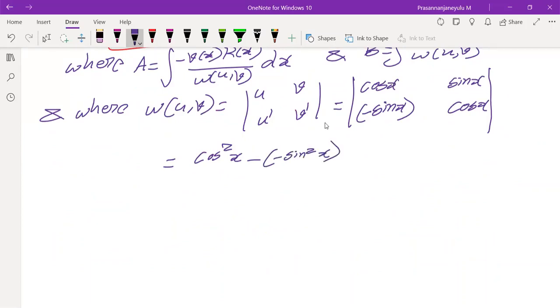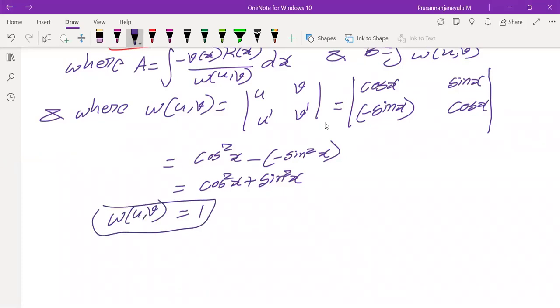Simplifying, we get cos square x plus sin square x. As we know from trigonometry, cos square x plus sin square x is equal to 1. So this is W of u comma v. Now we are comfortable, we know the W, u, v values.